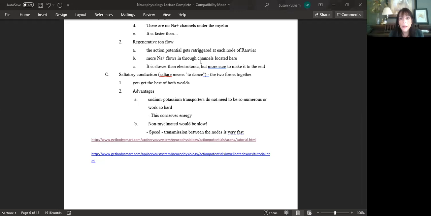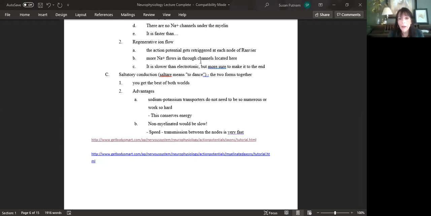This is showing a different way you can have the myelination. This would be like the oligodendrocyte that has the different processes, I think very octopus-like, reaching out.